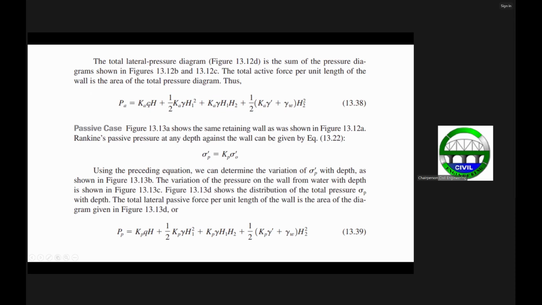The only difference is that here you have k sub a and here you have k sub p, for both the active and the passive earth pressure conditions. This might look lengthy with respect to the formula, but if you have the values, it is just a short formula.